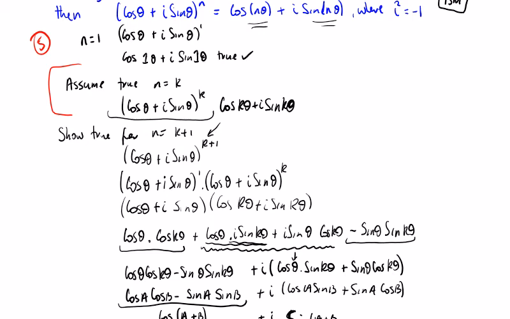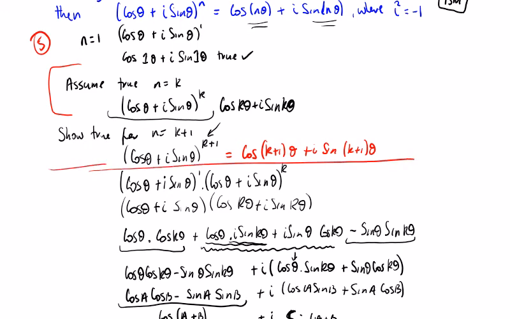I probably should have written the k plus 1 times theta here equals that. What we should have shown this to be is cos of k plus 1 times theta plus i sine k plus 1 times theta. You didn't have to, but you know, good math. So that up to there will be 7.